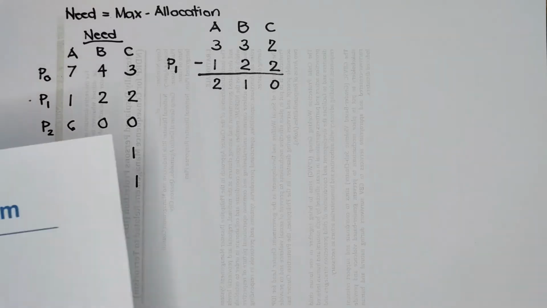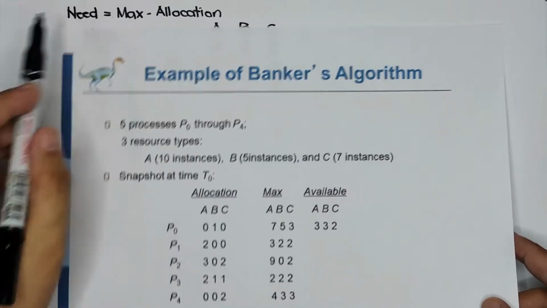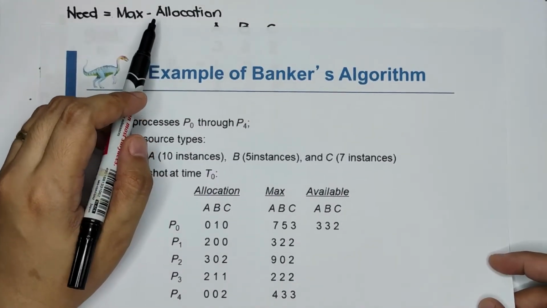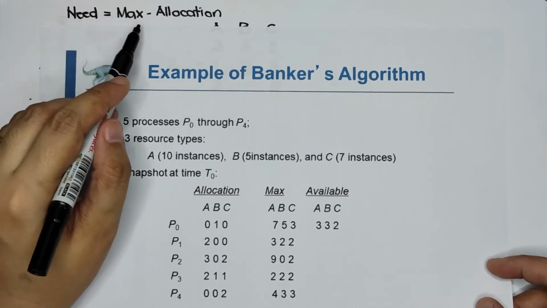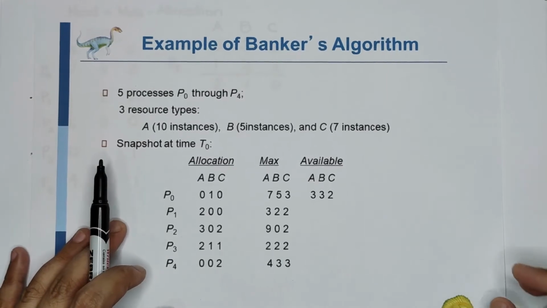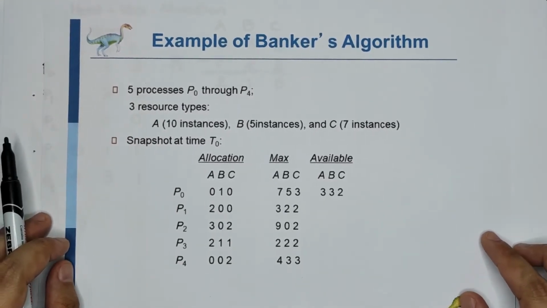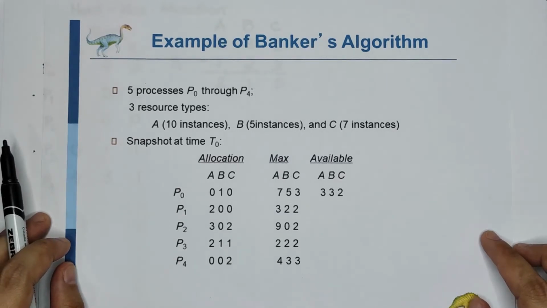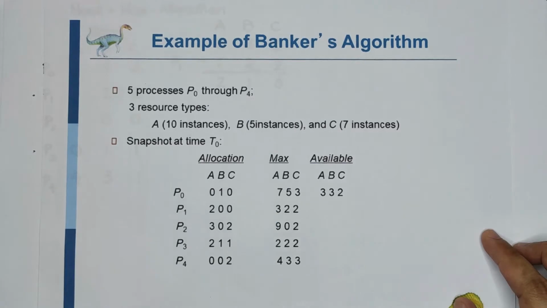So, as we can remember, need is equal to max minus allocation. But since you've already acquired the need, we can derive that max is equal to need plus allocation. So, once the process has finished its execution, it should return all the resources that it has used.